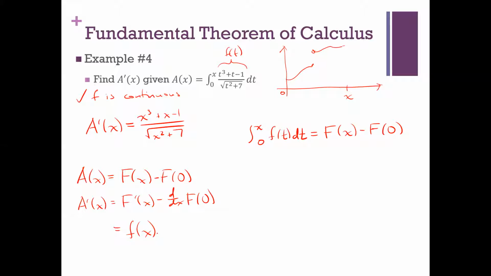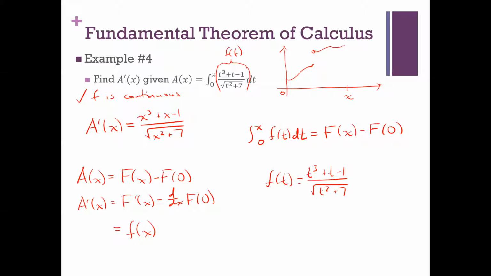I don't think I've given you enough weapons to get it. f of t is the whole thing, so yeah. f of t is equal to t cubed plus t minus 1 over the radical t squared plus 7, which, though it exists, is not an easy thing to get our hands on. Any questions here?